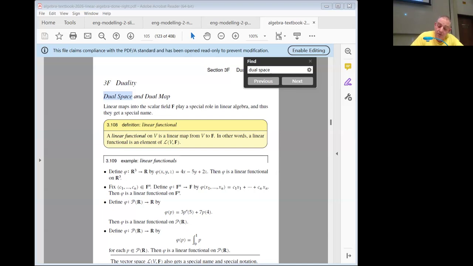V is a vector space over a field F, then a linear functional is an element of L(V, F), which is the linear maps from V to F. Okay.